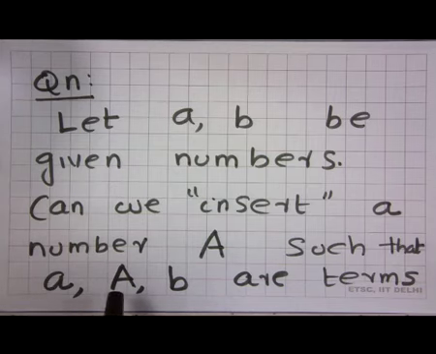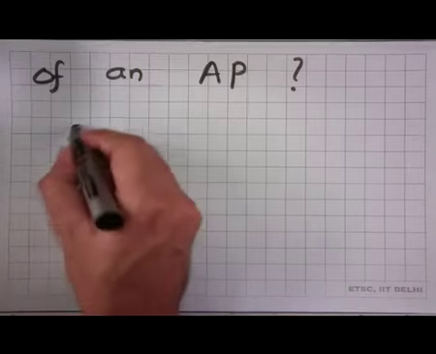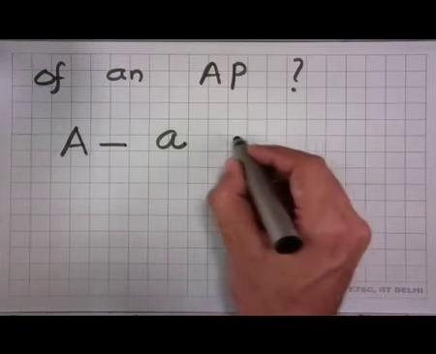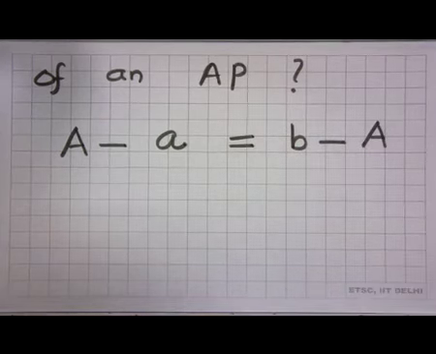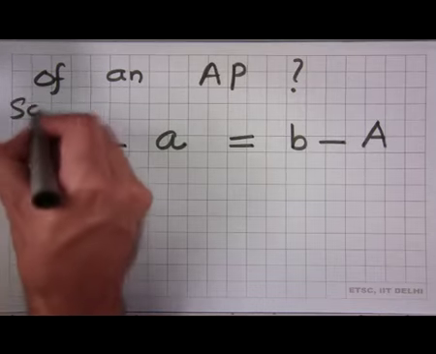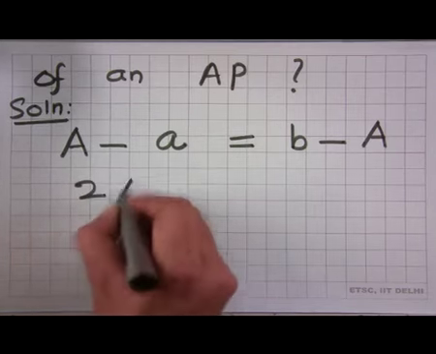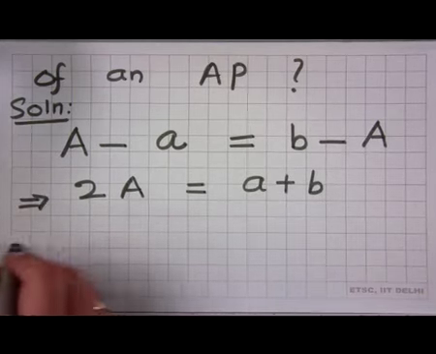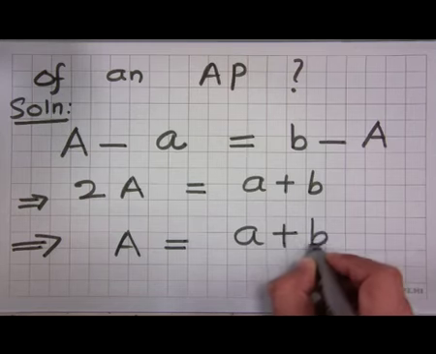Since a, capital A and b are to be in AP, the difference, namely capital A minus small a, should coincide with the difference small b minus capital A. This reads off 2A equal to a plus b, which provides capital A equal to (a plus b) by 2.